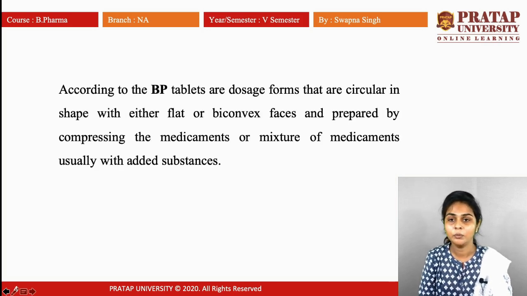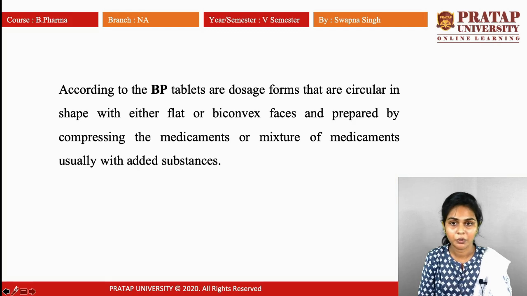Next, according to the British Pharmacopoeia, tablets are dosage forms that are circular in shape with either flat or biconvex faces and prepared by compressing the medicaments or mixture of medicaments, usually with added substances.